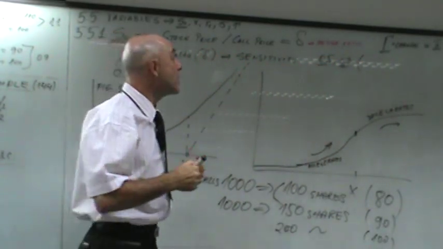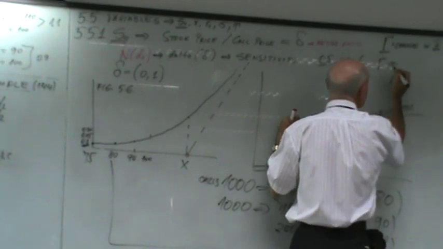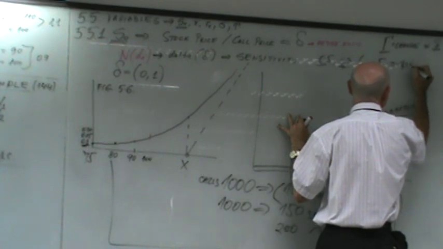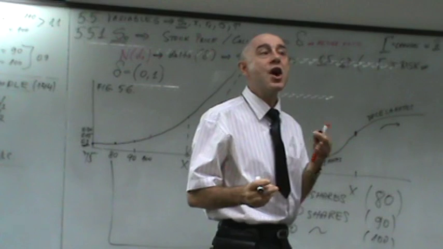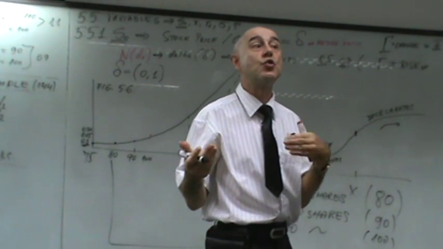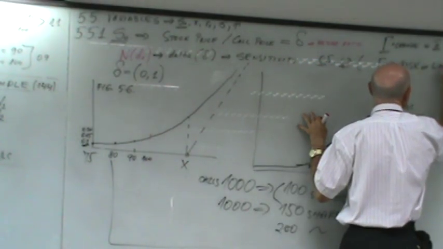Okay? So gamma, which is the change of delta, tells you the risk of remaining unhedged. The risk of being unhedged.